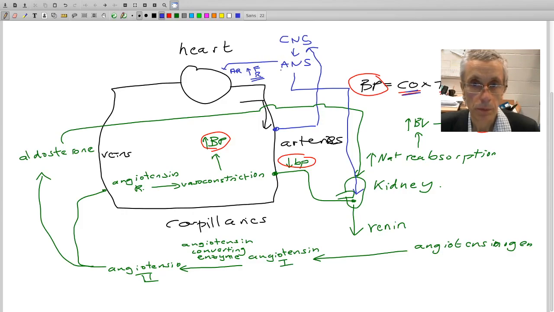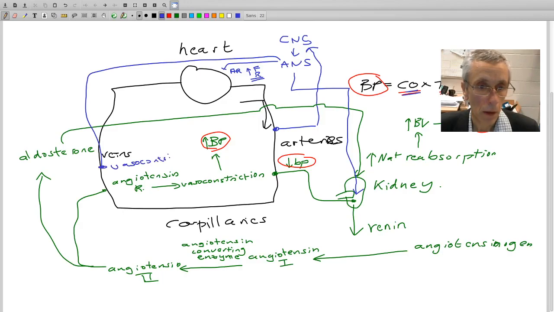It also directly causes vasoconstriction. And so the two systems work together.